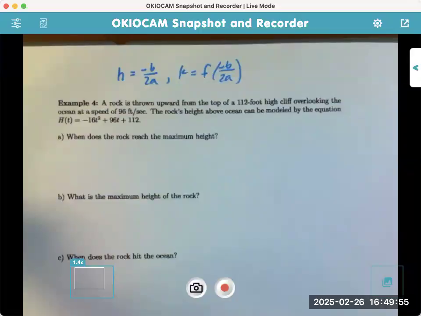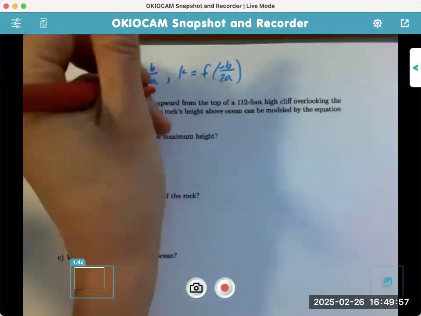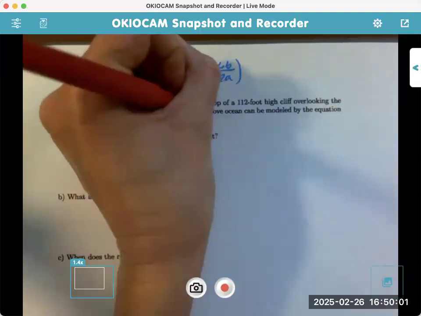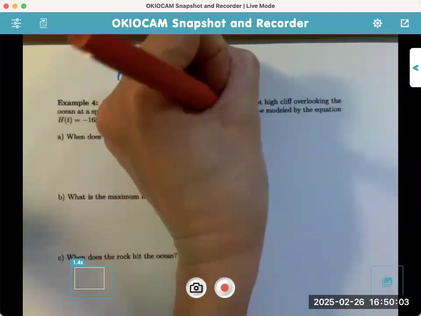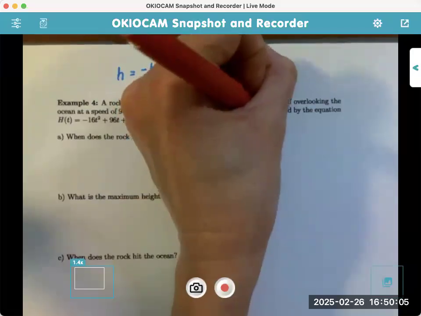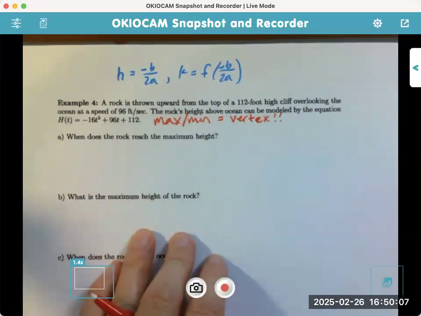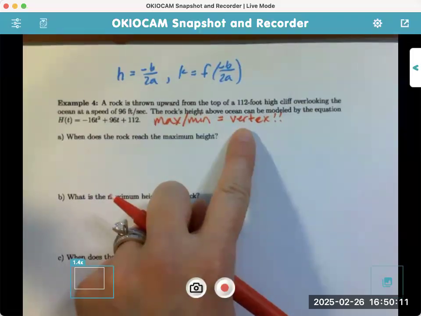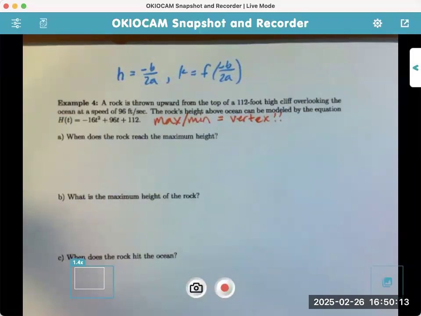So one big takeaway for word problems is that whenever you read the word max or min, I want your brain to go to vertex. Whenever you read max or min, your brain should go to vertex.